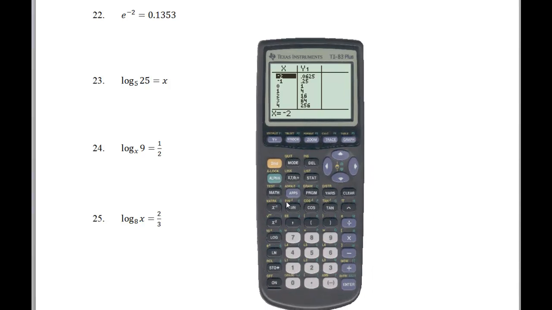So to finish this off, we're going to go to a clear screen and type 8 raised to the 2/3 power, which is equal to 4. So the answer to this problem, let's go back to my screen draw here, is that log base 8 of 4 is 2/3, which means 8 to the 2/3 power is 4.